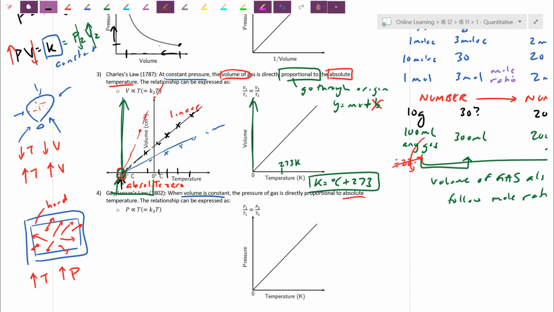Let's see what happens to the math there. So we have pressure is proportional to temperature. We can write P equals K3 times T; K3 because the K could be different from the other Ks. I can rearrange that to P over T equals K3. Just like before, normally when you think of a divide, you think they're going against each other. But let's keep in mind that because K has to be a constant, this division always has to hit some number.